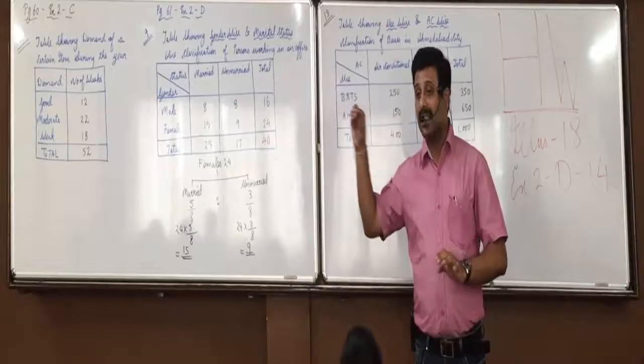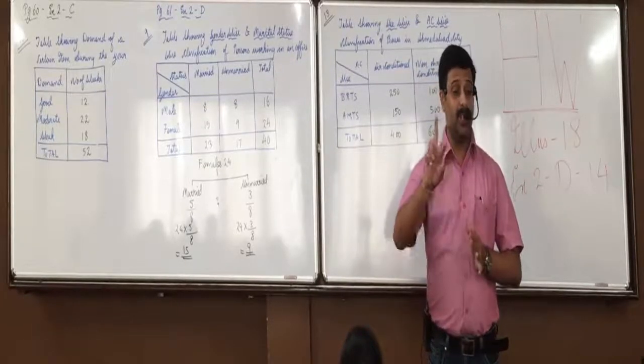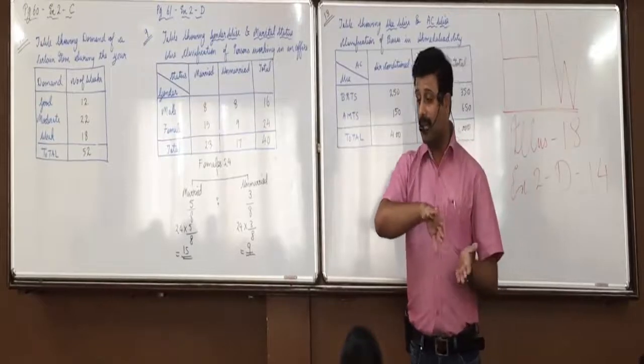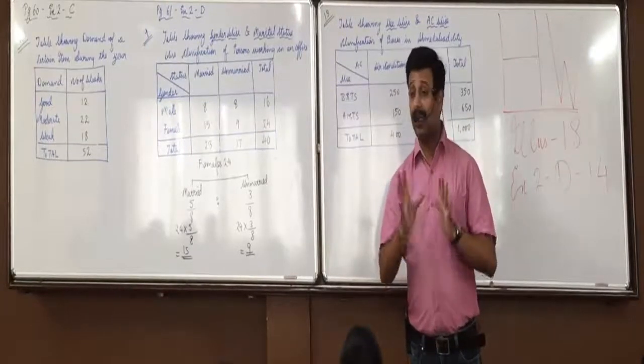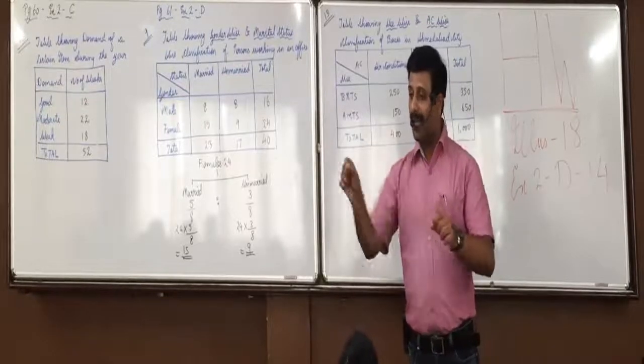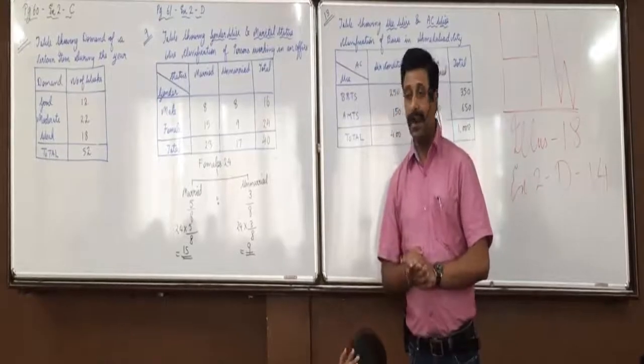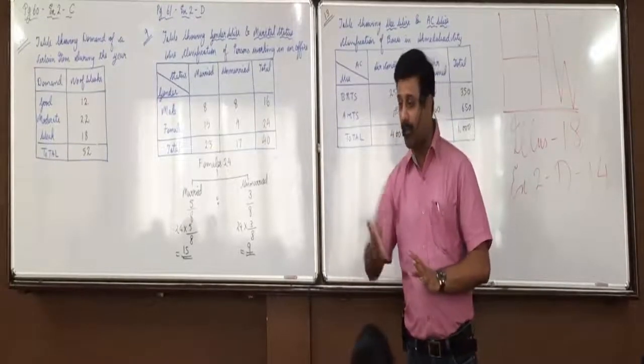We used to buy those cassettes from the market where 2 movies' songs could be accommodated. 6 songs of one movie on one side, another movie on the other side. It could be repaired easily also. If it is stuck in between, open it, put the pen, circle it, round it, and the tape will start working. So that kind of cassettes were available, and each cassette was sold for some 15-20 rupees.